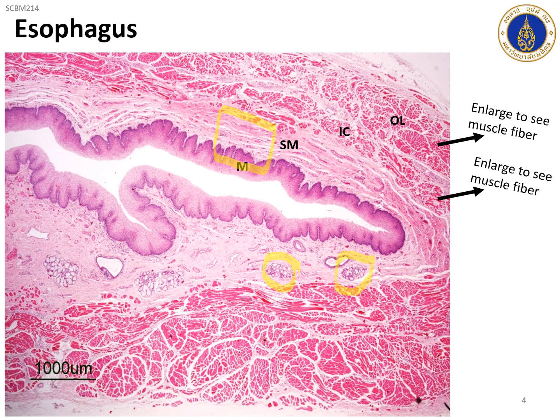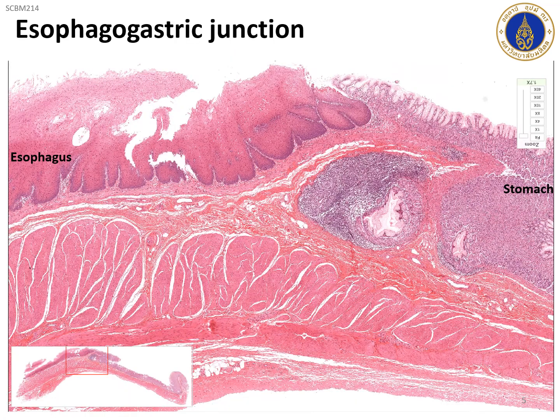The outermost layer of the esophagus is the adventitia. At the connection between the lower esophagus and the cardiac region of the stomach, there is a transition of epithelium from stratified squamous to simple columnar epithelium.